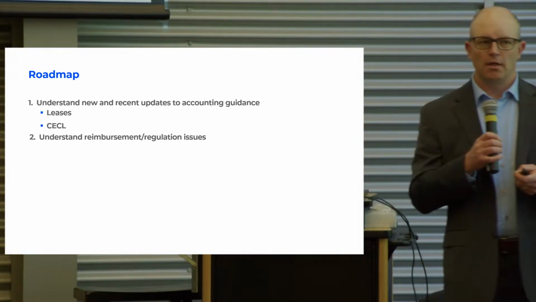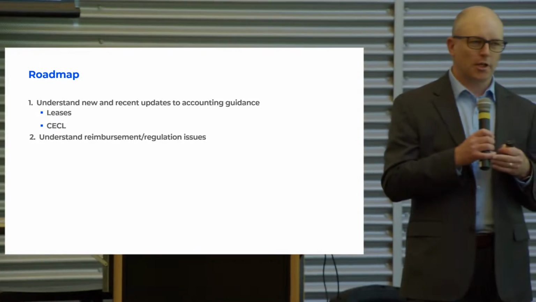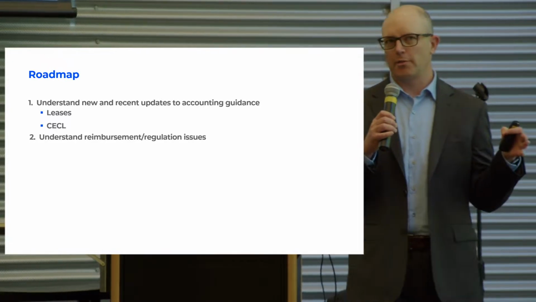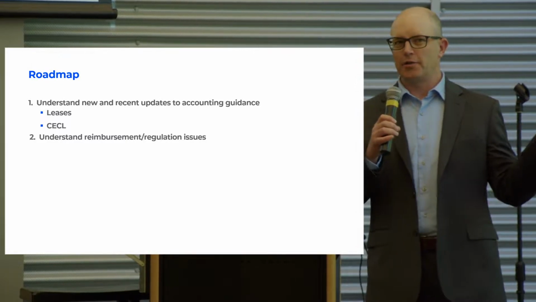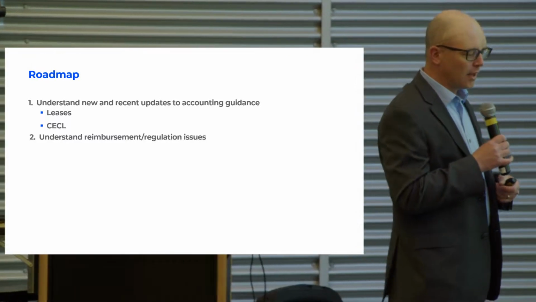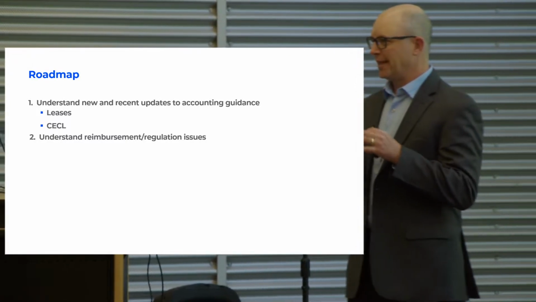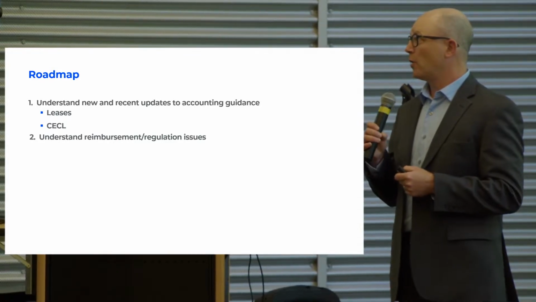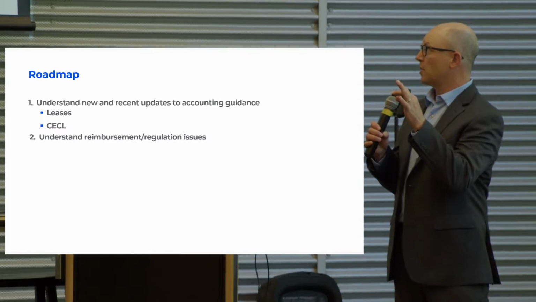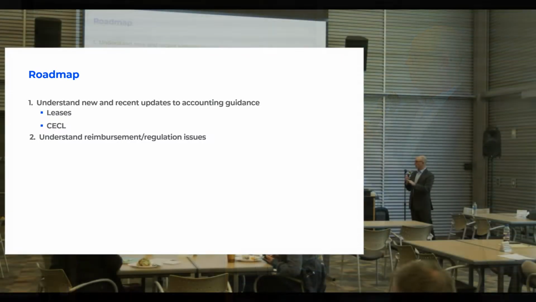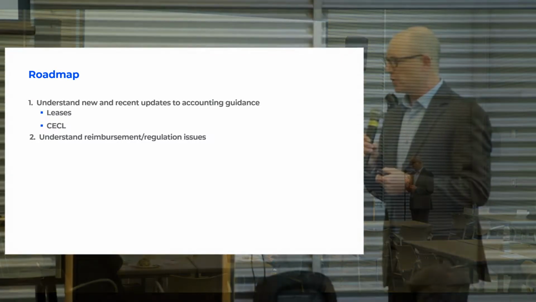And just to level set on what we're going to be talking about, I just got back from an AICPA conference in Las Vegas, and every presenter used the word level set, so I'm going to start using it now. I'll take you through the GAAP changes, and then we'll talk about regulation and reimbursement.